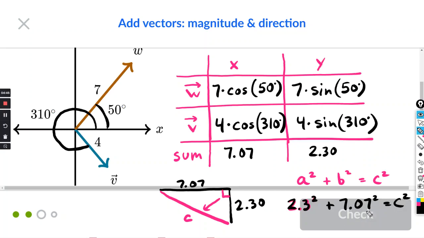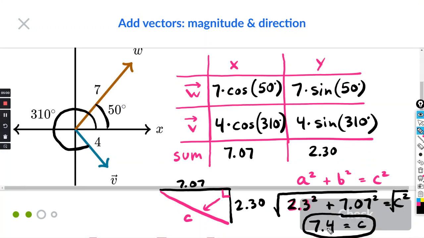Okay, solving for c, you just take the square root of both sides. And I'm going to do this on the calculator and round to the nearest tenth, and I get 7.4. So that is going to be the magnitude when you add these two vectors together. And that goes in the first box.